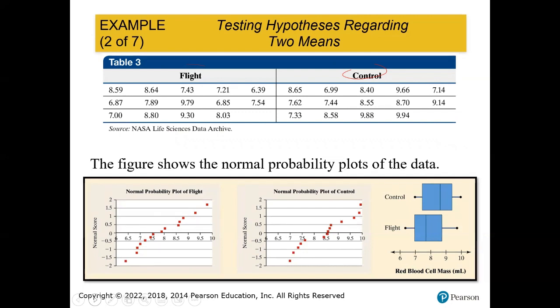You could then go to the back of the book under Table 6. If you want to use the probability plots, it was Table 6. And see that for 14, you need 0.935.